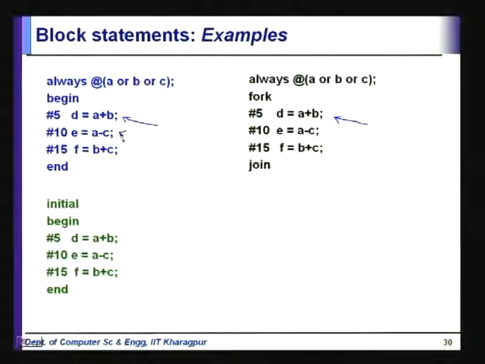When is this going to take place in here? At 15, because this is a blocking assignment statement, so control will not progress beyond this until this is complete. So it will wait 5 time units, do this, then wait 10 units and then do this. So total 15. Here this is going to take place after 10 time units. Why? Because these are 2 parallel ones. So that is the difference.